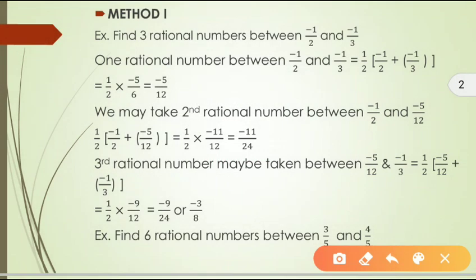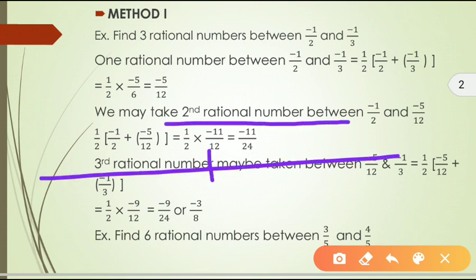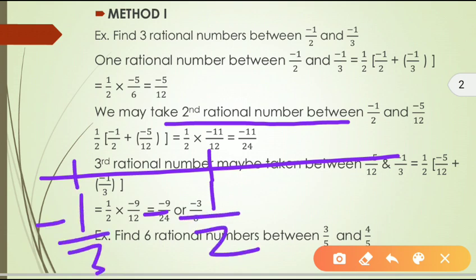Now here we have to find out three rational numbers. So for the second rational number, suppose this is a number line, you can suppose here minus 1 by 2 is there and here minus 1 by 3. So the first rational number is between both, so we can write here, maybe here it is minus 5 by 12. Now again we can find out the rational number between these.